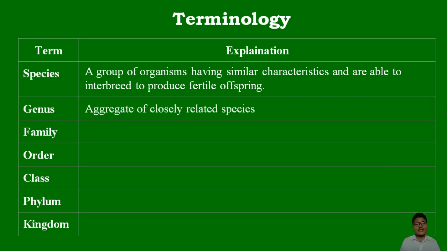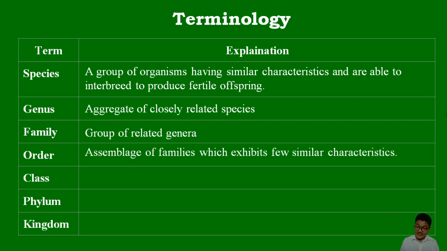Now genus is a group of closely related species, or an aggregate of closely related species. Now what is family? Family is a group of related genera. Many genera form a family, and many families group together to form an order.